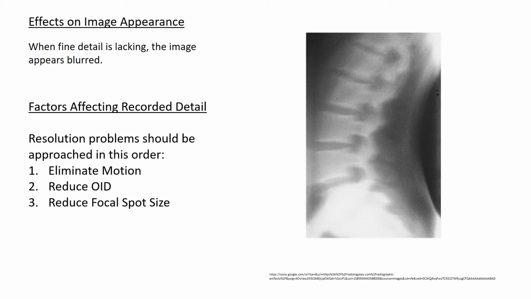Now, of course, you're going to have limitations. If you're using a larger technique, you're not going to be able to use that small focal spot. But certainly, whenever you can, like on extremities, for example, you should use the small focal spot to give you the best detail. And you increase your SID. When you increase the SID, you get better detail.